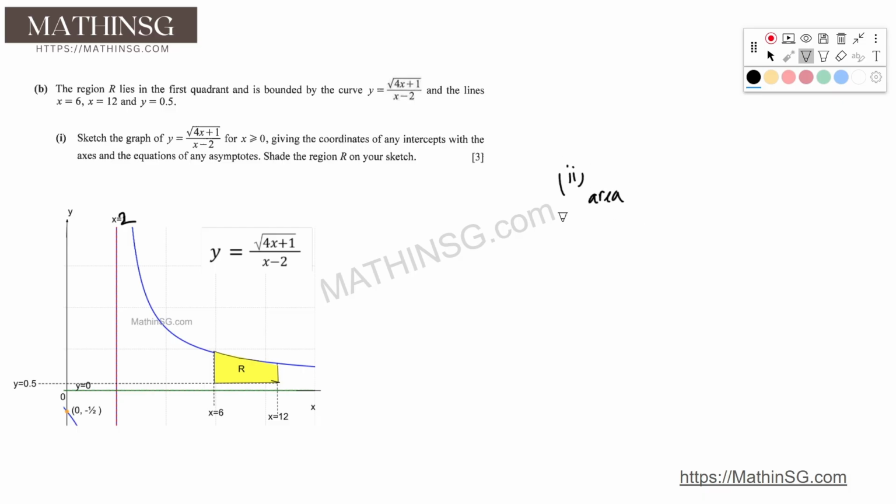You're asked to find the area, so you need to integrate y dx from 6 to 12. Then I do not want this rectangle, right? What is the area of this rectangle? It has a width of 6 units and a height of 0.5. So minus 6 times 0.5, or minus 3, and that is the area that we want.